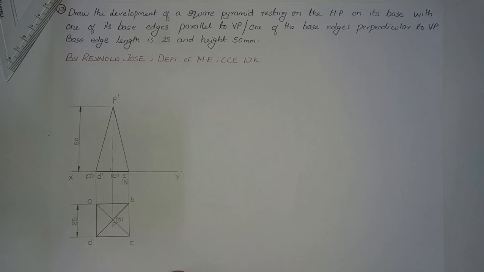But this square pyramid has one more part known as a slanting edge. Slanting edges are PA, PB, PC, PD. We have four slanting edges, but we don't have the true length of a slanting edge.